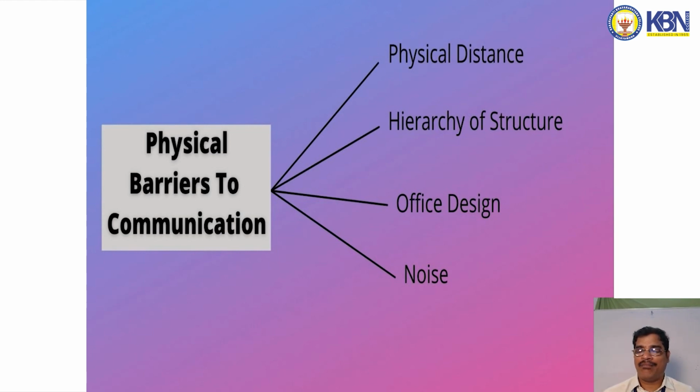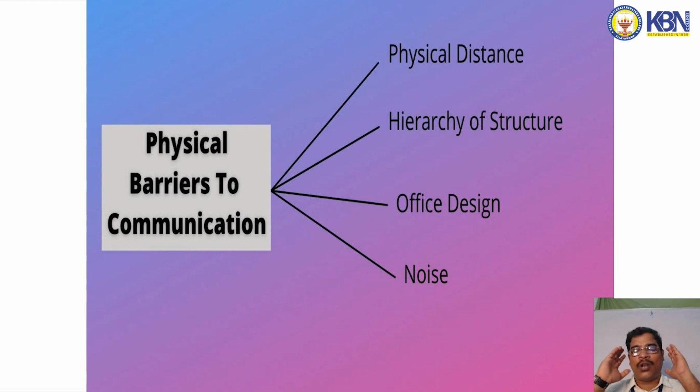Maybe the lower level employee fears for their job, or feels insecure. At that point, lower level employees cannot communicate with top level people. So the hierarchical structure also becomes a great drawback. And office design and noise are also physical barriers.